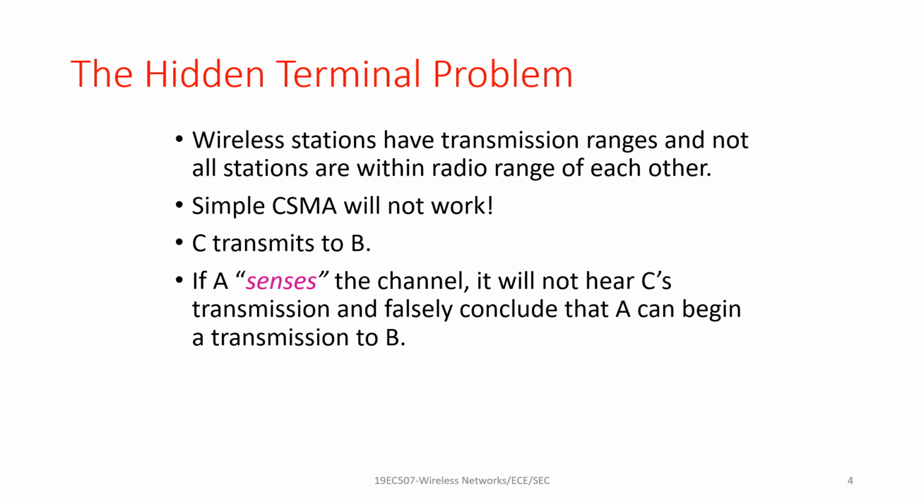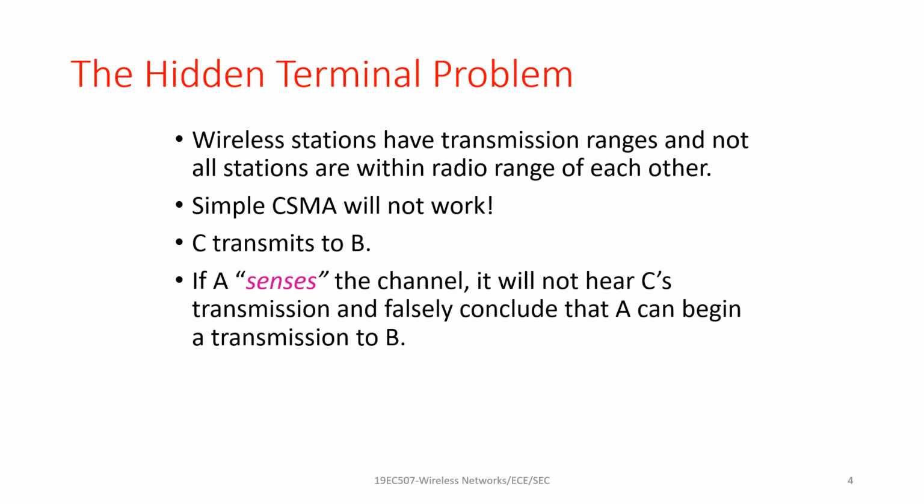In the hidden terminal problem, the wireless stations have transmission ranges, and not all stations are within the radio range of each other. So the traditional CSMA technique cannot be deployed here, as it cannot hold good in such scenarios.